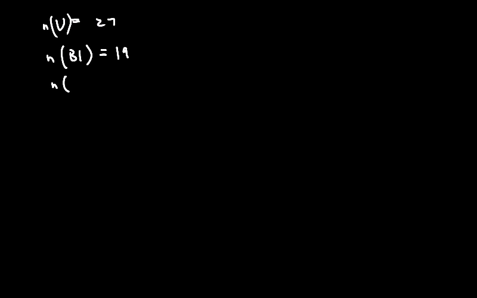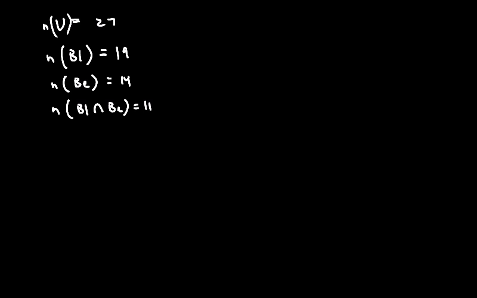Number of elements in brown eyes, let's let them be BE, and there are 14 of them. And then the number of elements in both of these, so this is going to be the intersection, the number of people that have both black hair and brown eyes is going to be 11.